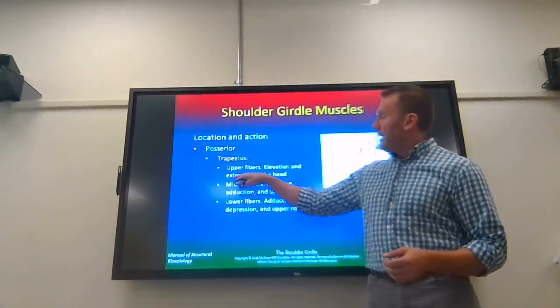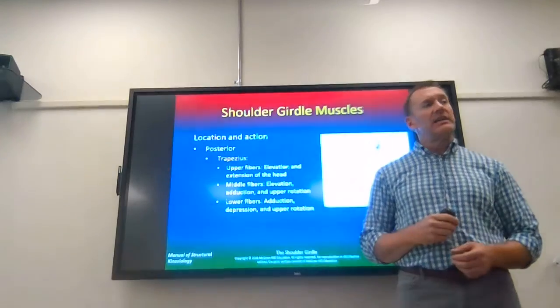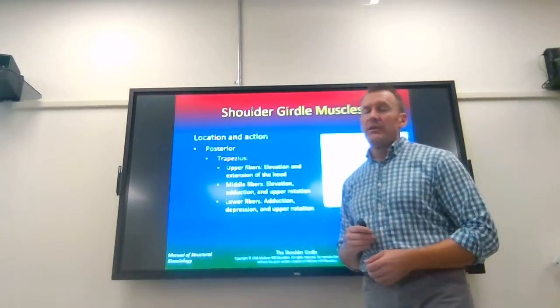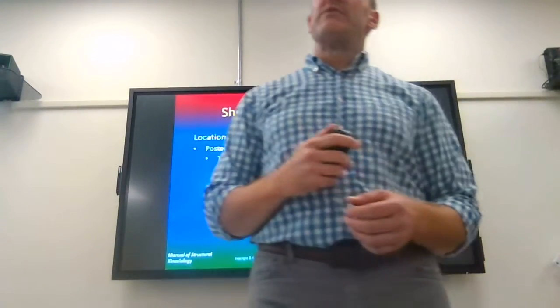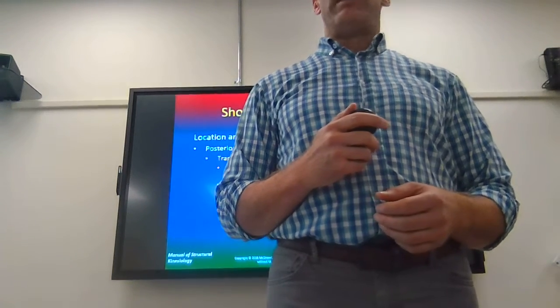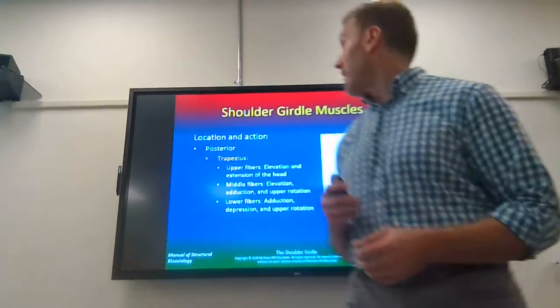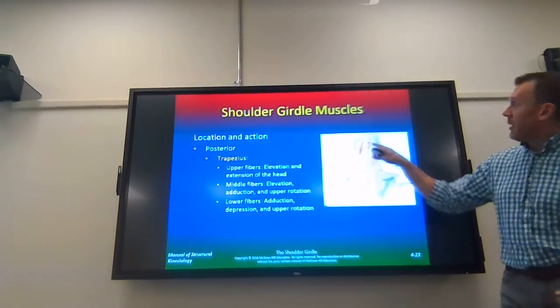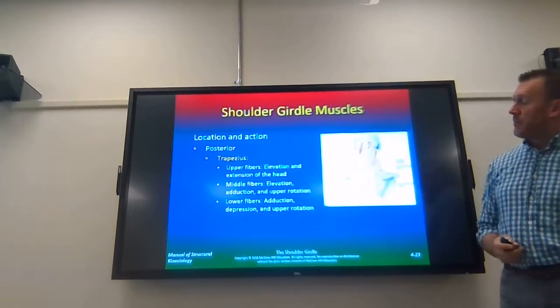But also something we may not think about is extension of the head. If the origin is fixed, then the muscle would pull the head back because the upper fibers attach all the way up here to the base of the skull.